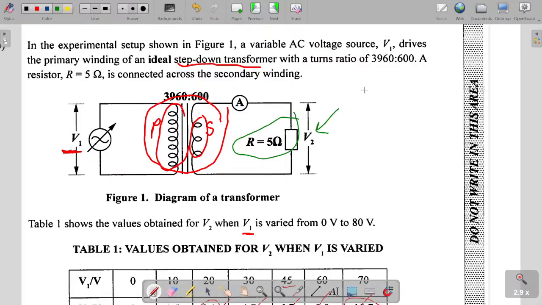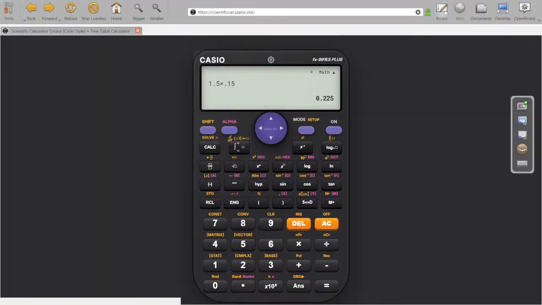Now if you remember, there are various formulas for power. Power can be equal to I times V, right? Power can also be equal to I squared times R, right? So any one of these formulas will get us the answer. Since we already found out the current that is going through the resistor here, that would be I2, we can use that information along with the information for the resistor to find out the power. So let's try that out.